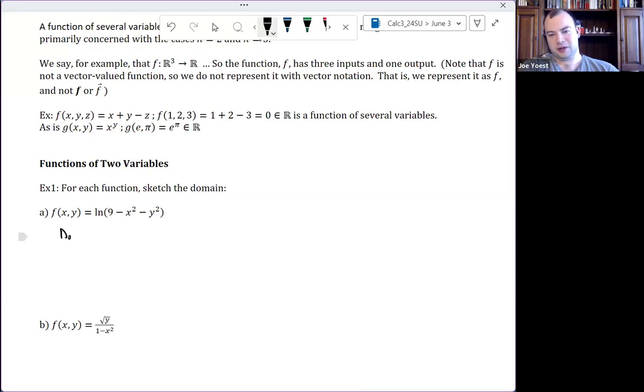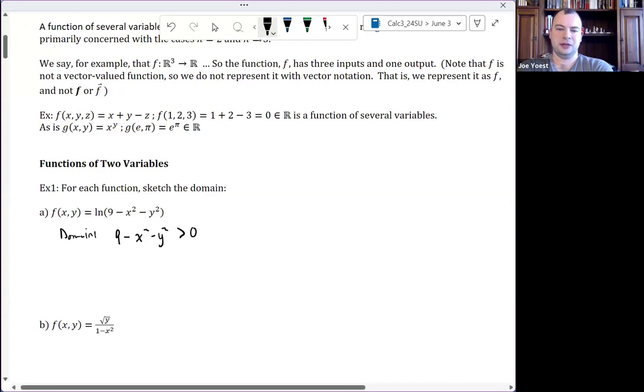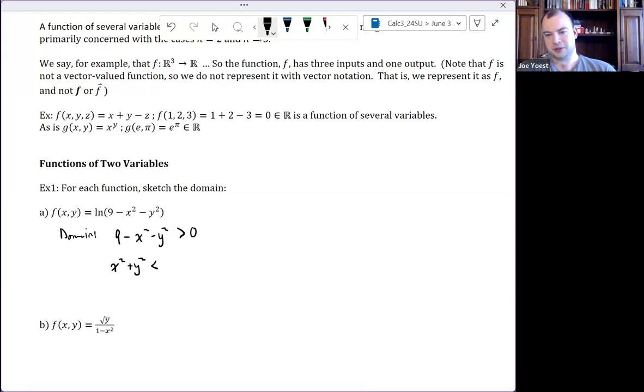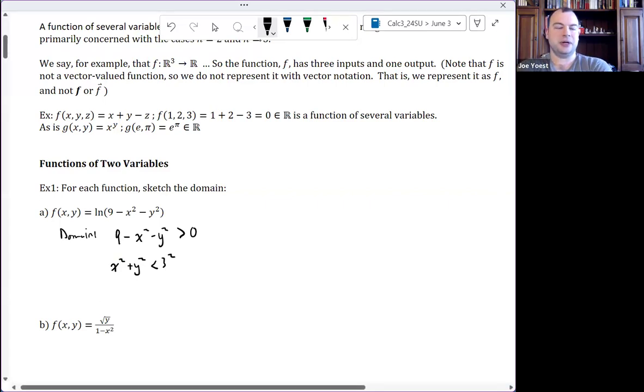So I know the inputs to natural log have to be strictly positive. So for my domain, I know that 9 minus x squared minus y squared has to be strictly bigger than 0 to be a valid input for the logarithm. But this tells me that x squared plus y squared has to be strictly less than 9, or in other words, strictly less than 3 squared.